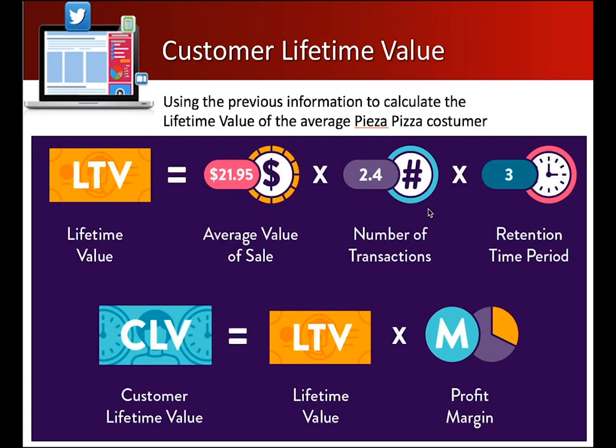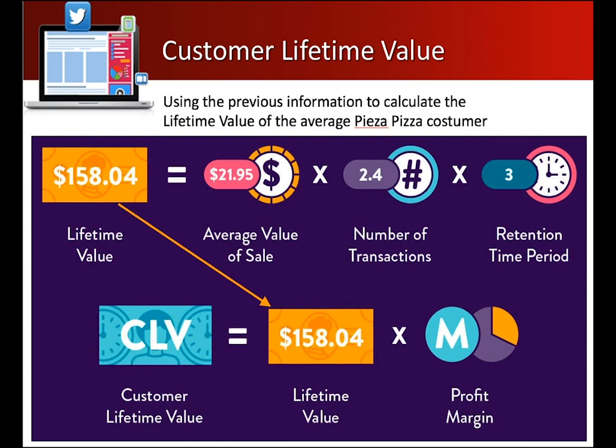Then you multiply these three elements and the result is your lifetime value, which is $158.04. So you take that value and place it right here to calculate your customer lifetime value. Then you need the profit margin. So let's go see what the profit margin for the pizzeria is.